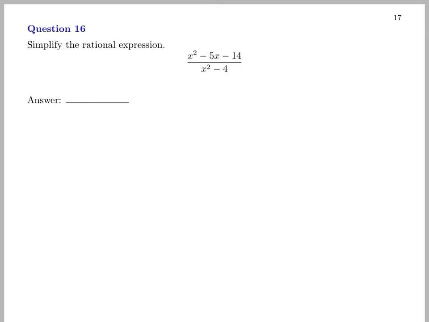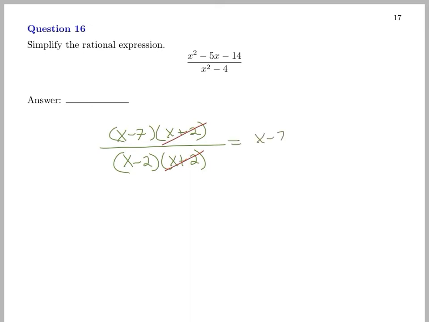So the numerator here factors into x minus 7 times x plus 2. And the denominator factors into x minus 2 times x plus 2. So the x plus 2's cancel, and we have x minus 7 over x minus 2.